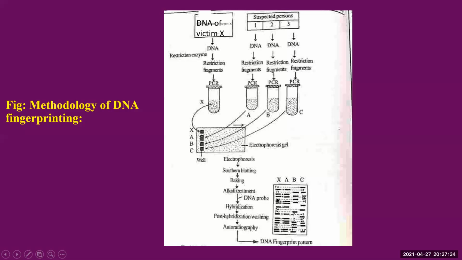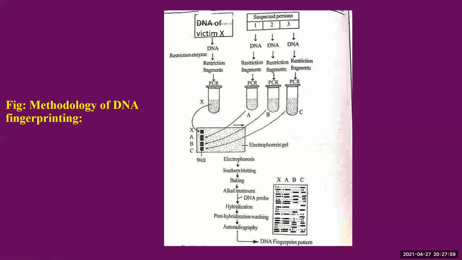Now, if you look at the DNA fingerprint pattern of X, see, this is not the DNA of the victim. Actually, it is the DNA collected from the site of the crime. Okay, maybe the victim has plucked the hairs of the criminal, or maybe he has scratched his skin.